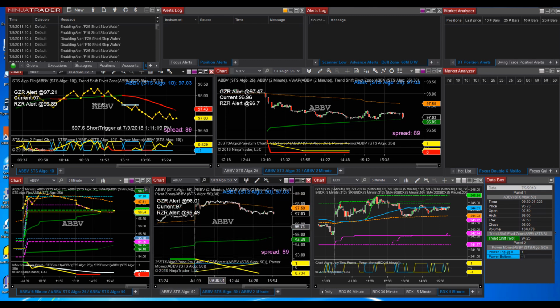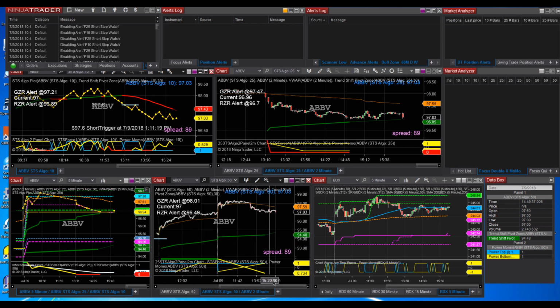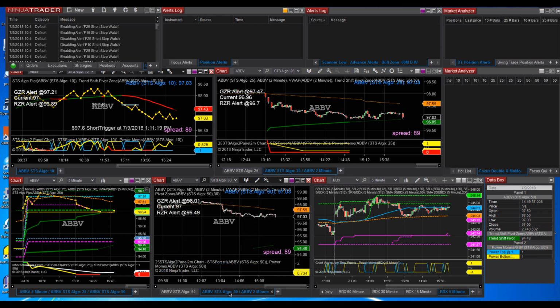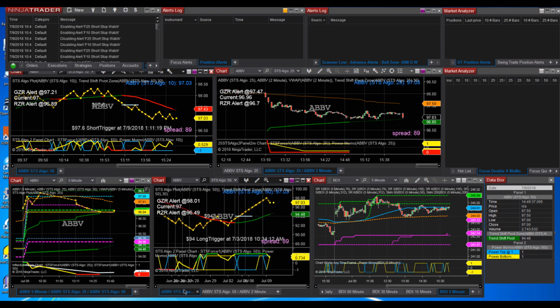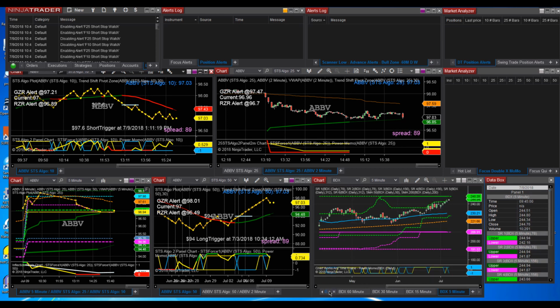This is a 2-minute candle plotted on the same exact chart instead of the dots. It's harder to read. Some people want to see the candles, so I put them in the system. If you're not using them, once you get your workspace figured out, you just get rid of them. You don't have to load them that way. This goes all the way back to the daily here, by the way, for bigger time support and so forth. Now on to these tabs.